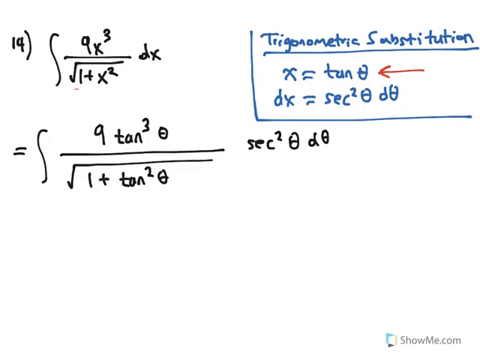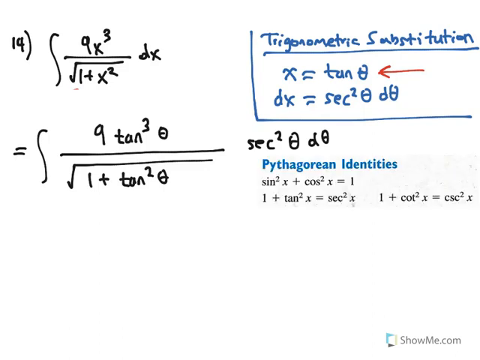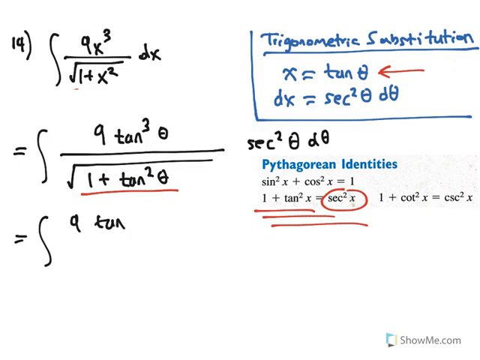The next thing that we'd like to do is use a Pythagorean identity to help us eliminate the radical expression. We can replace 1 plus tangent squared theta with secant squared theta by using this Pythagorean identity. When we do that, we will have 9 tangent cubed theta times secant squared theta d theta over the square root of secant squared theta.